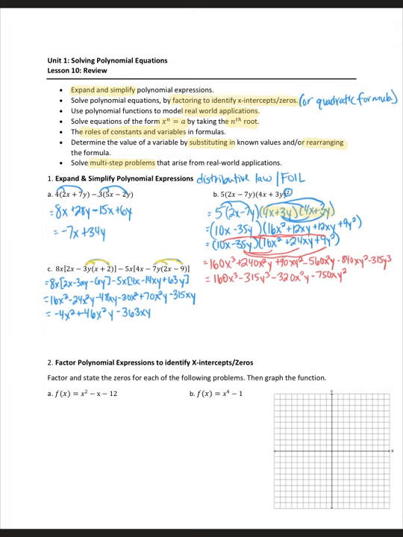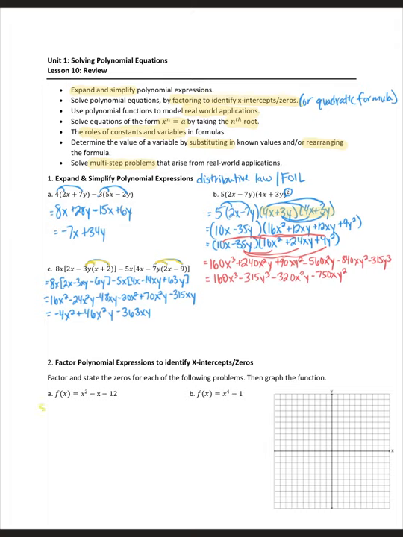So number 2 says we're going to factor the polynomial expression to identify x-intercepts and zeros. So factor and state the zeros for each of the following, then graph the function. So we might need to find more information than just the zeros, but we'll start by factoring to find our zeros. So our first function is f of x equals x squared minus x minus 12.